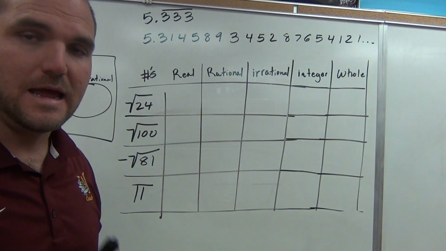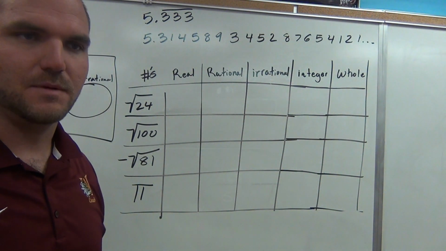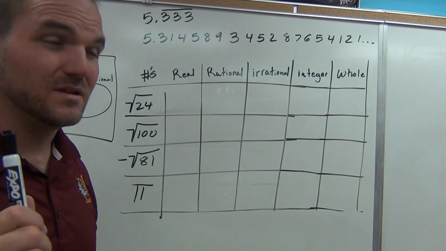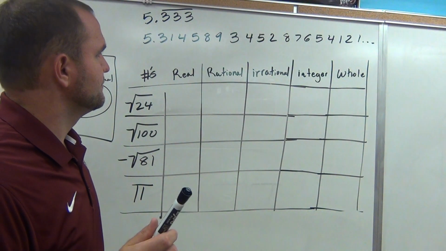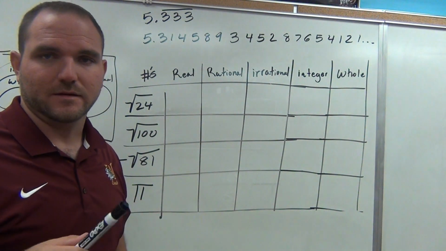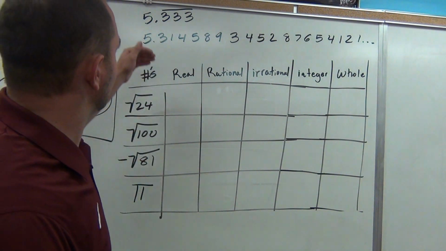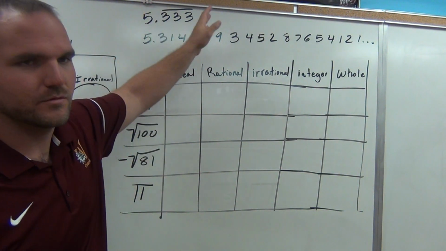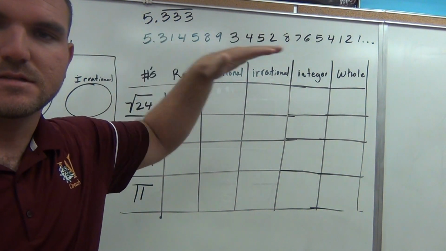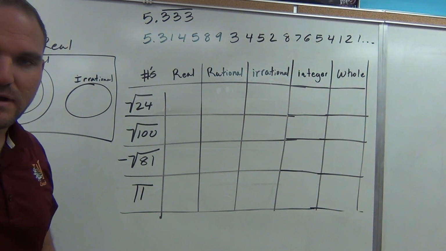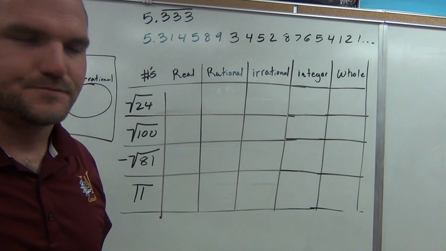They stop, they end, maybe it goes 6, maybe it goes 10 spots past the decimal point, but they do stop. Or they repeat, all right? They repeat, like my example up here, 5.333, and the little bar above it means that it just repeats forever, okay? An irrational number is a little different.